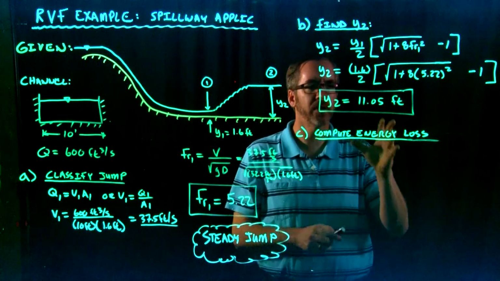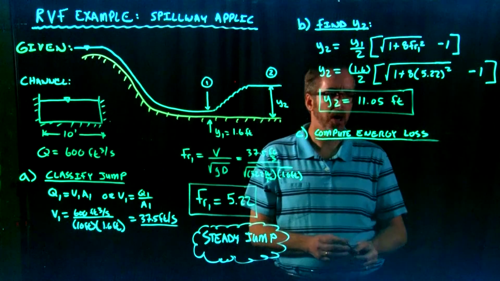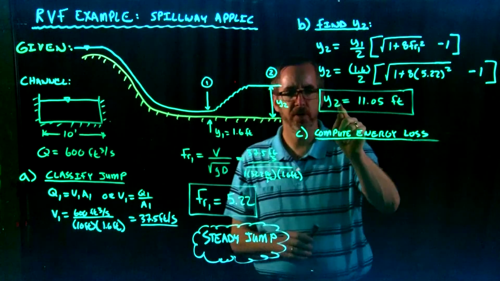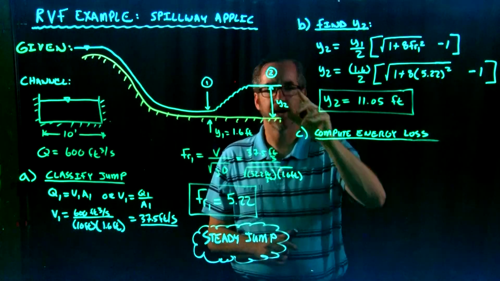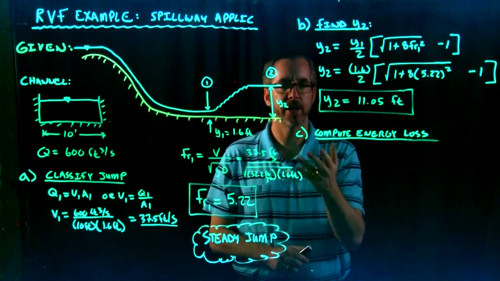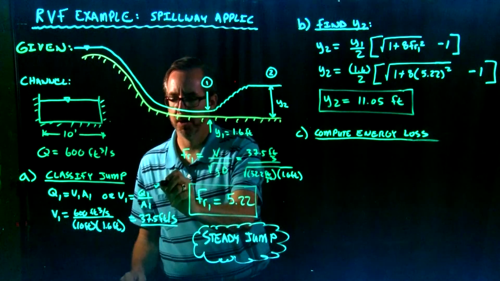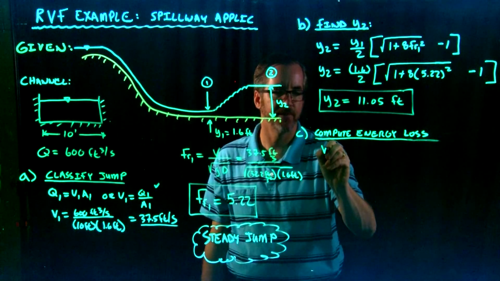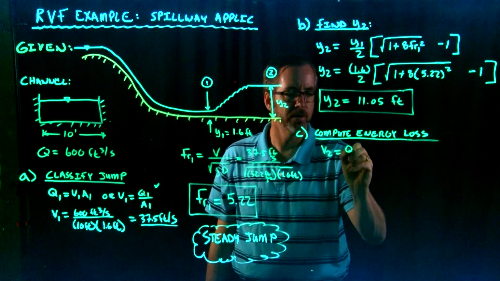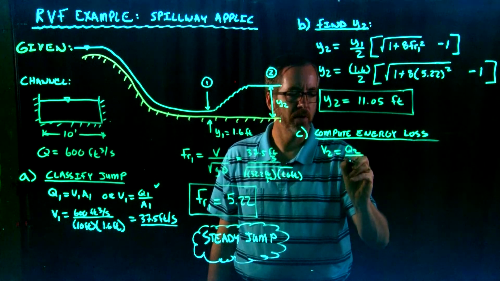Now I'm actually going to start at point 2. Now that I know the depth of the flow at point 2, I'm going to calculate the velocity. With that, I can then go through and do the energy. So like I did over here, I'm going to use the same relation. V2 is equal to Q2 over A2.